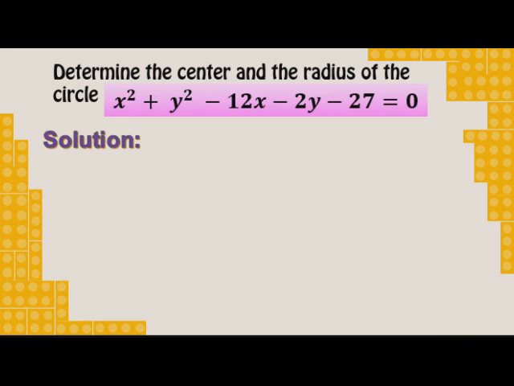Do you still remember our general form is always written in the form x squared plus y squared plus dx plus ey plus f equals 0? So therefore, we have the numerical coefficient of x as d, the numerical coefficient of y as our e, and then the constant as our f.